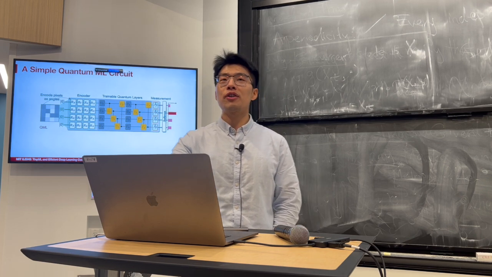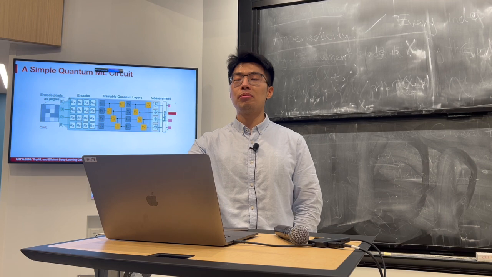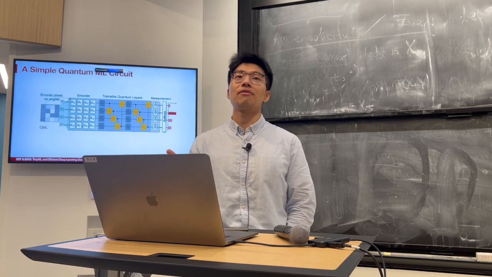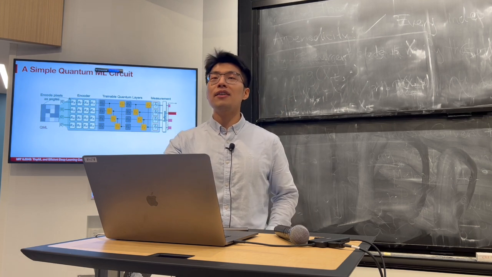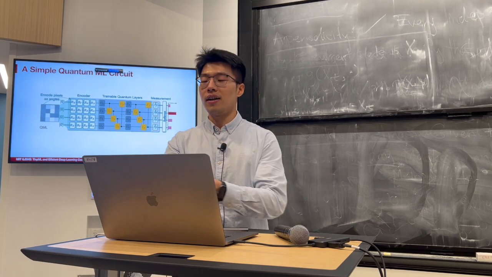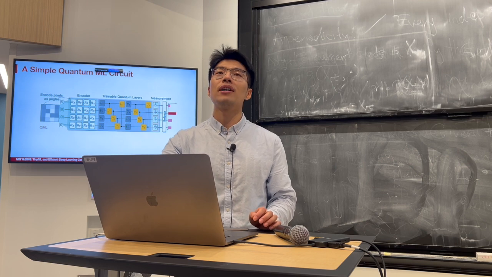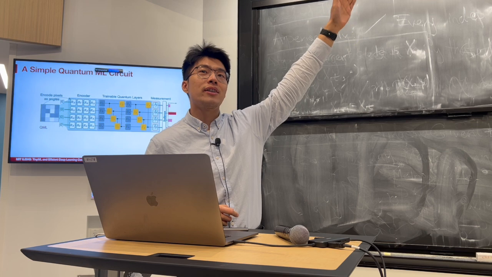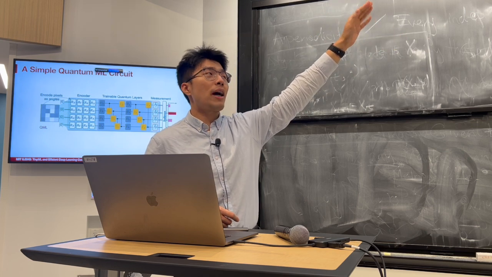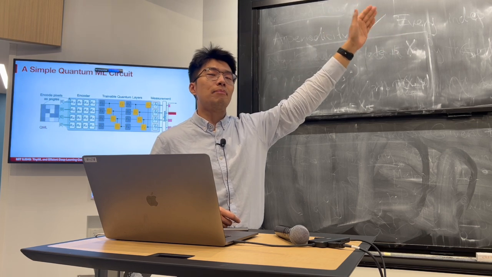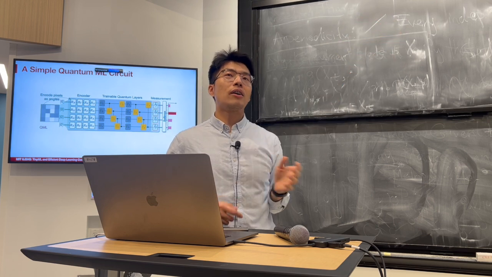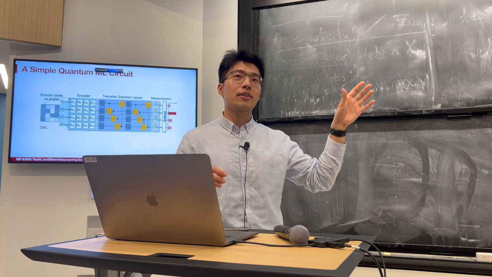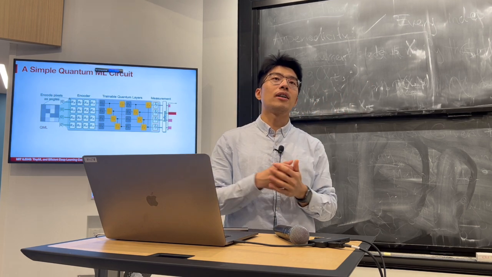Yeah, so the question is what happens if the output dimension is different from the input, or the number of classes we want to classify, right? The answer is that in the post-processing, one thing is that we can perform the measurement on many different bases. Right here you can see we are just measuring on the all Z basis, right? We can also measure on, for example, all X basis or XZ basis. So the actual number of values we can obtain from these 4 qubits is at least 2 to the power of 4, which is 16 numbers.